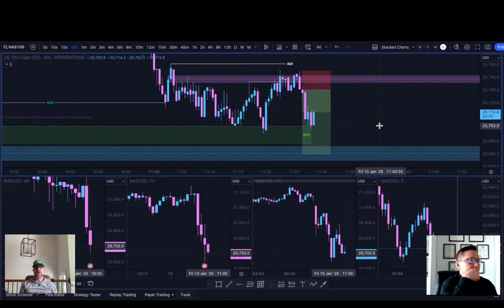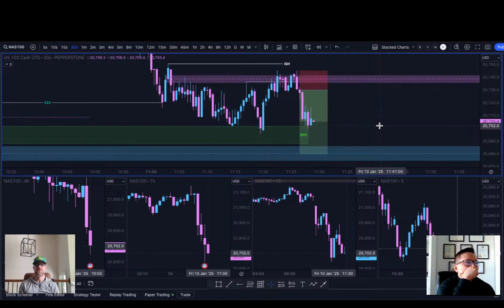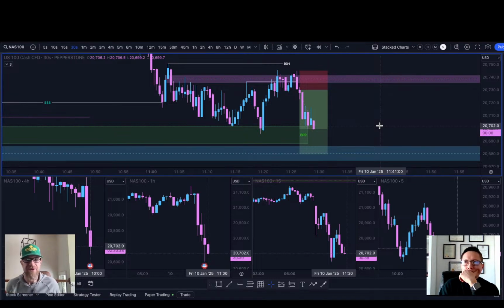No change, but we're in a range, so it wouldn't be absurd if we were looking to just scalp the range. We could scalp up, down, up, down. But it's all chop. Yeah, it snowed here and then it rained.